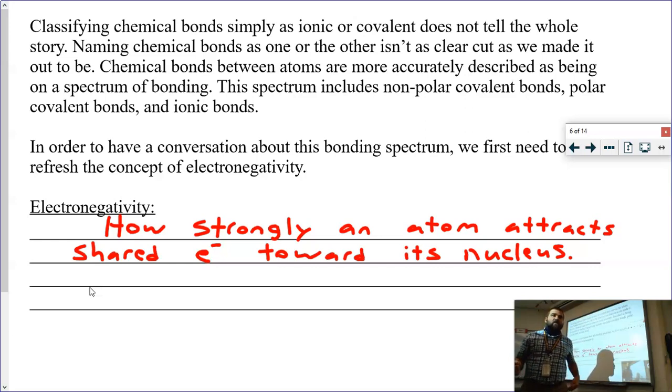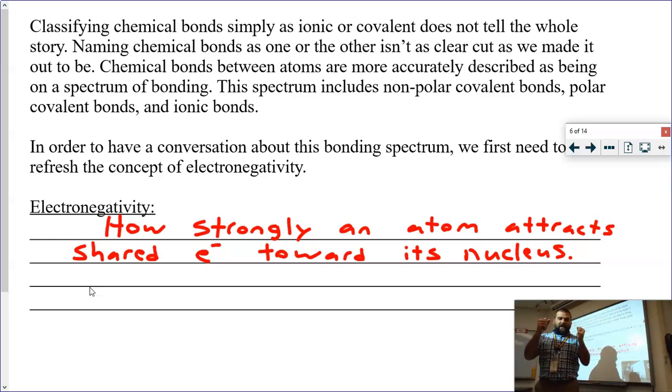Okay, so you can think of it kind of like this. I have this nucleus, atom 1, and this nucleus, atom 2, and between those two atoms, if there's a covalent bond, I have electrons. Each chemical bond is 2 electrons, okay? So if I have 2 electrons between these 2 atoms, they are not often shared equally. The electrons in that bond aren't necessarily shared equally.